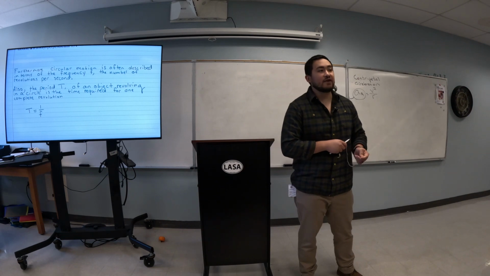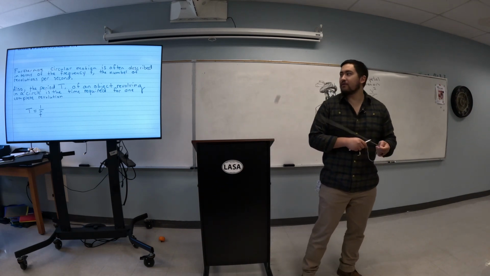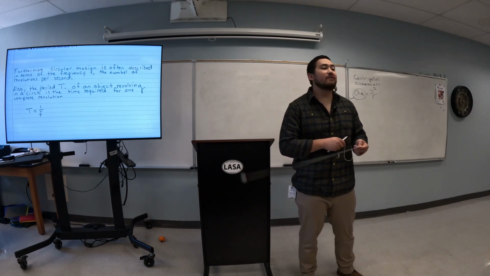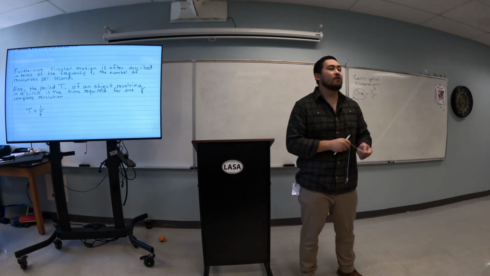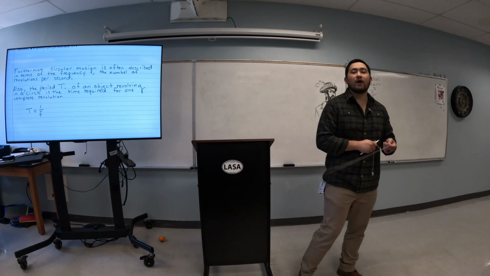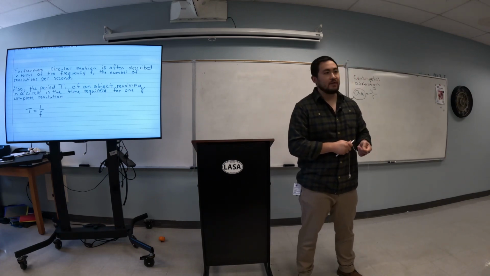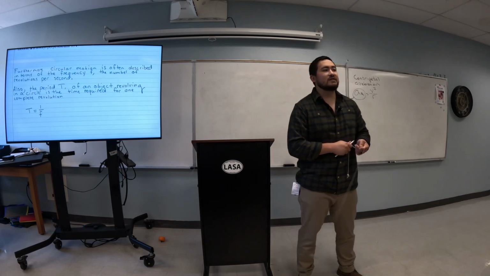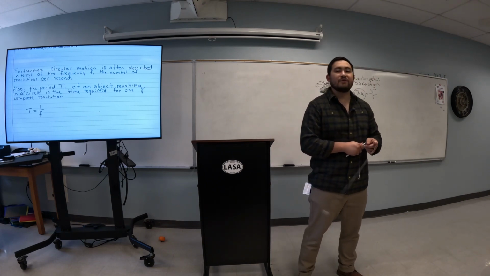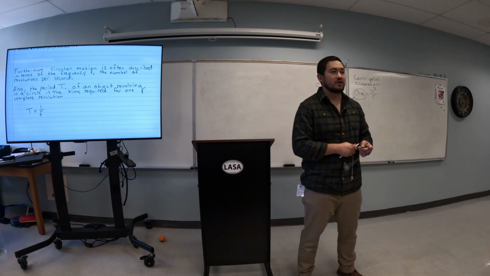Period is just the inverse of frequency. Period is the number of seconds per revolution, how many seconds it takes for the ball to make one revolution. If you have frequency, then if you just take 1 over frequency, you have the period. If you have period, and you take 1 over the period, you have frequency. This is going to be very important for finding the velocity of our object.